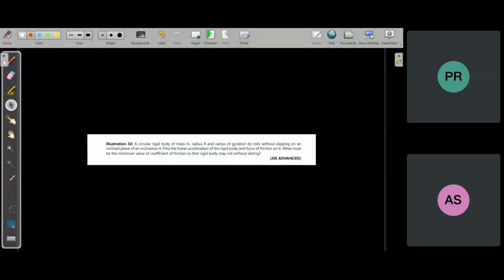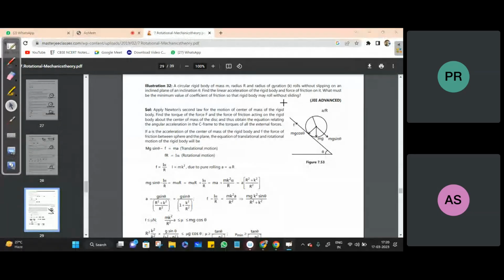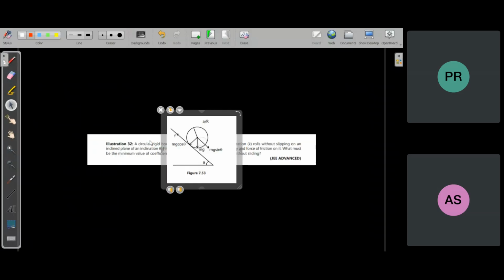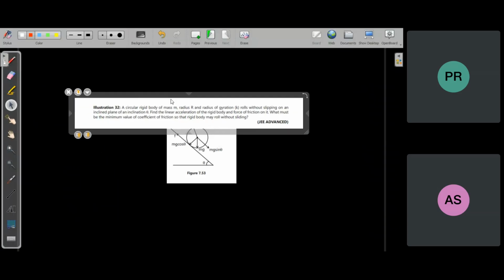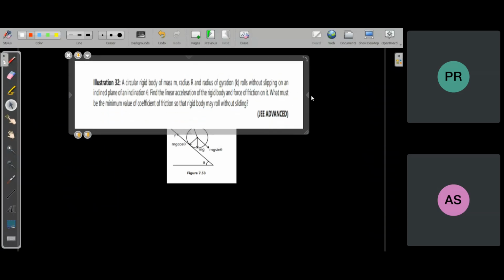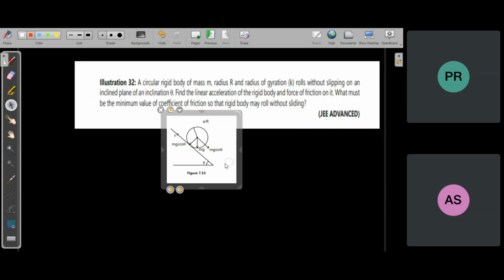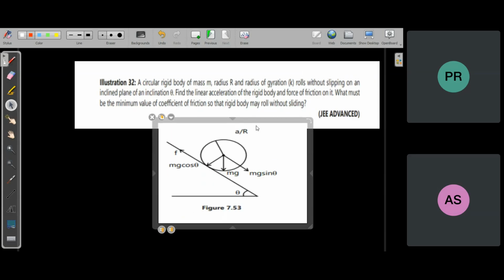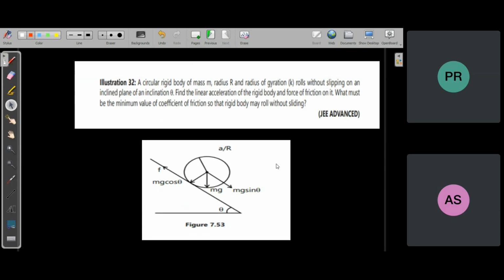If you want, you can solve this question or we can go to the next. This is again the same type of question. The only difference is that right now it is on an inclined plane. Pure rolling on an inclined plane, same process.